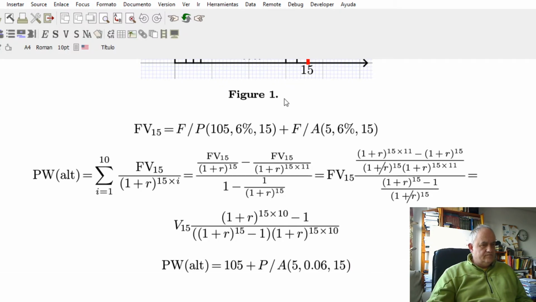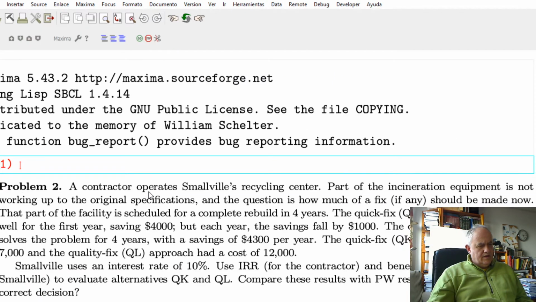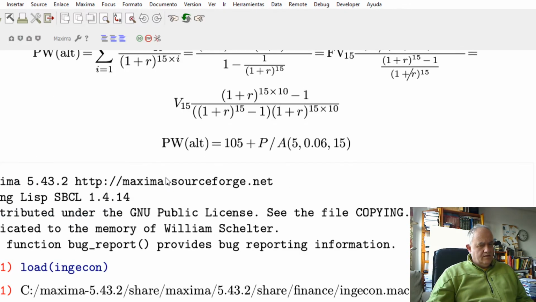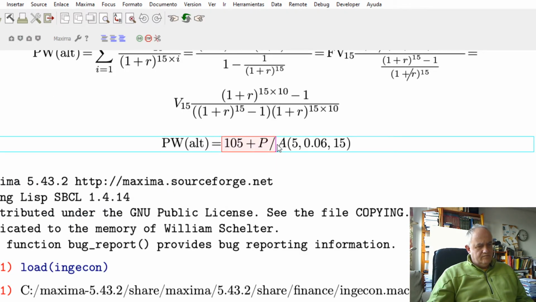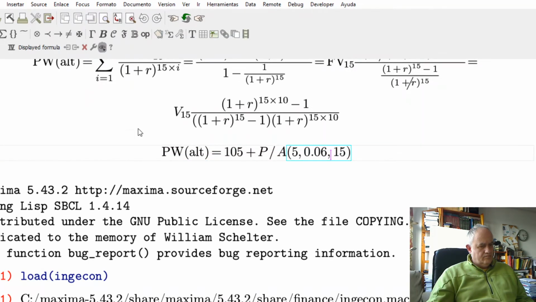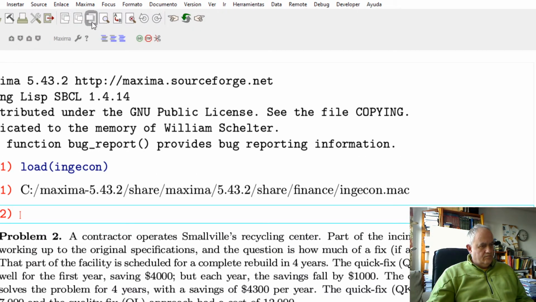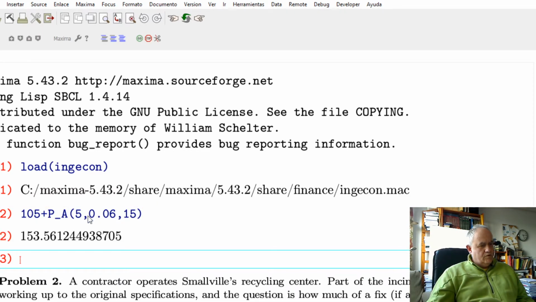Okay, I will open Maxima. Okay, I will load Ingecon. Okay, then I will ask for this value. Okay, so this is the present worth of the cost of one cycle. Let's transform this.